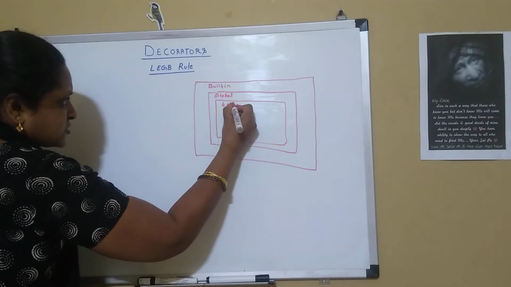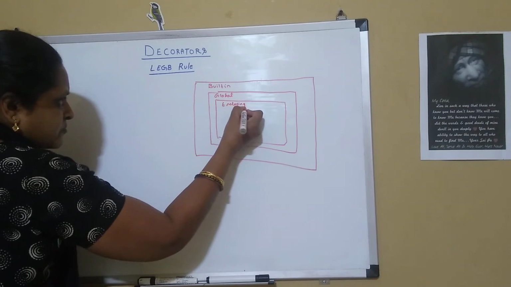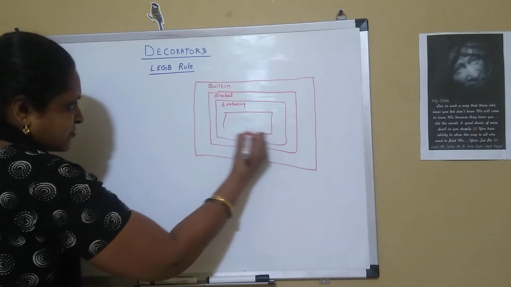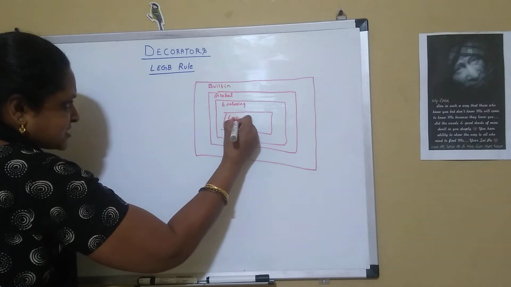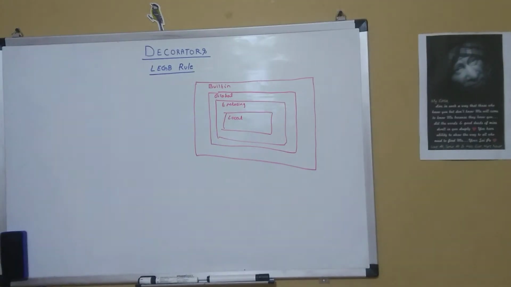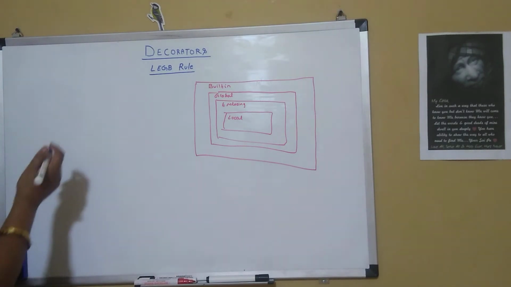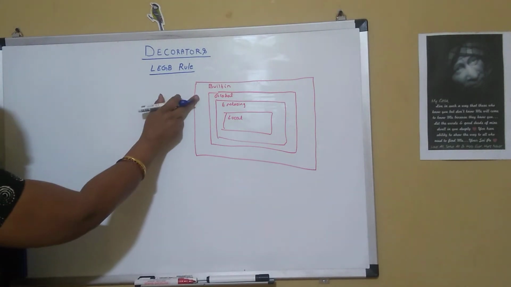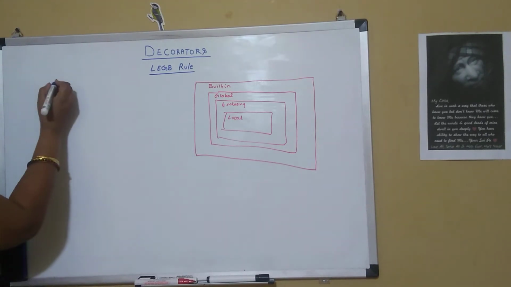Then comes enclosing. And inside we have the local variables. So friends, let's see with an example how it works. Suppose, let's say, global, enclosing, local.